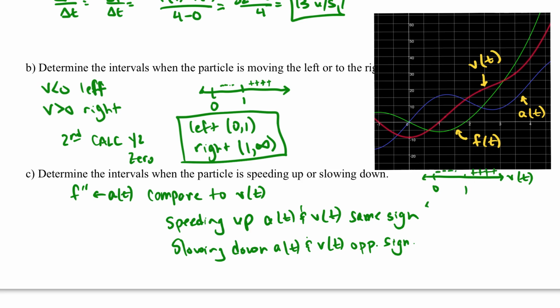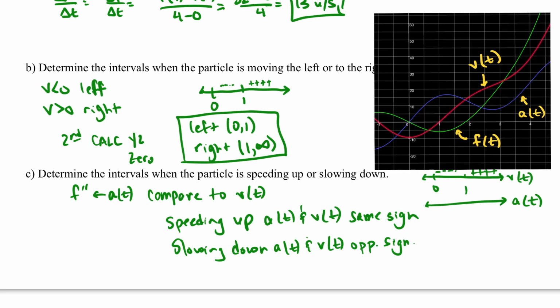Now I need to do the same thing, put a of t right underneath it, and if we take a look at the a of t graph, this is the a of t graph. Notice it's always above the axes. It does not go below, starting at 0. We're not going to go time negative, but from 0, it is always above the axes.